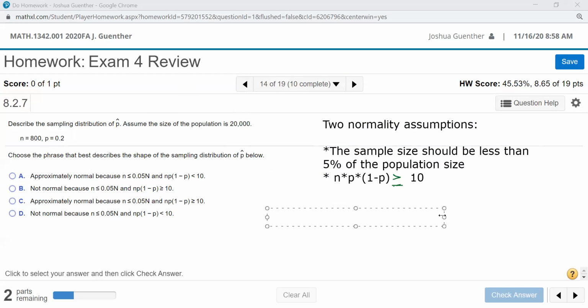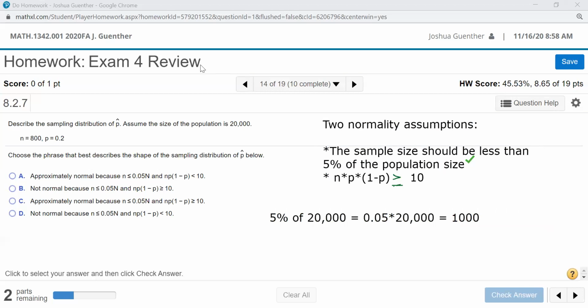The population is 20,000 large. 5% of 20,000: we do 0.05 times 20,000, and that gives you 1,000 on the dot. The sample size is 800, which is certainly less than 1,000. So that first normality assumption is covered.